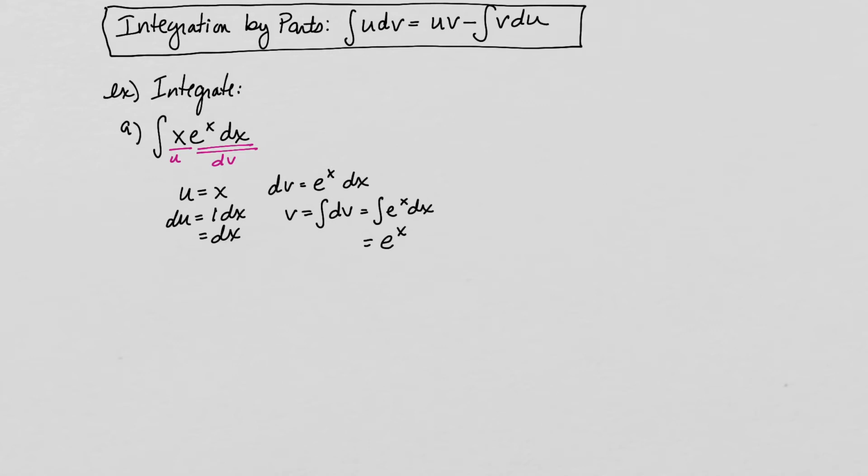So this now is going to be equal to, remember, we're looking at uv minus the integral of v du. And so that's what I'm going to want to plug in here. So u is x, v is e to the x, minus the integral of e to the x times du, and du in this case happens to be dx.